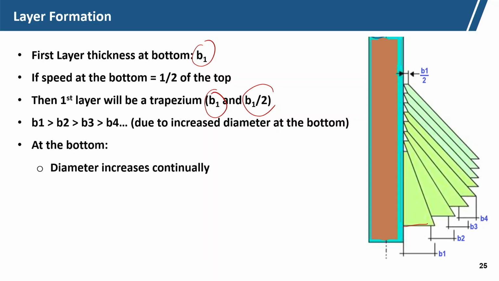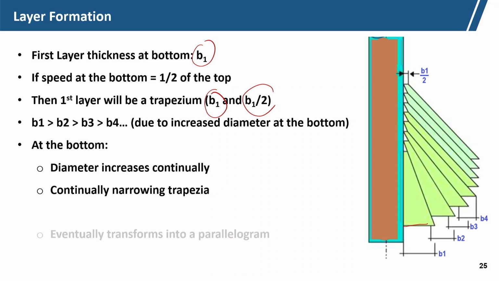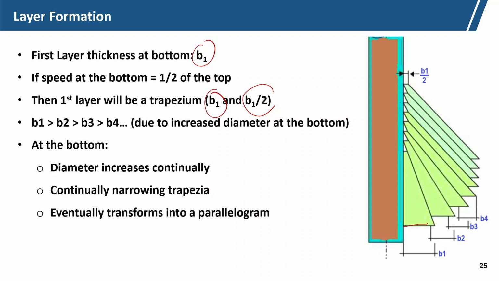At the bottom the diameter increases continuously and it is continually narrowing the trapezoid. So, the trapezoid will gradually narrow down and eventually form a parallelogram. After a certain time it will form a parallelogram. So, initially it narrows down and then this parallelogram will continue till the end, but at the tip we will always have this type of conical shape.